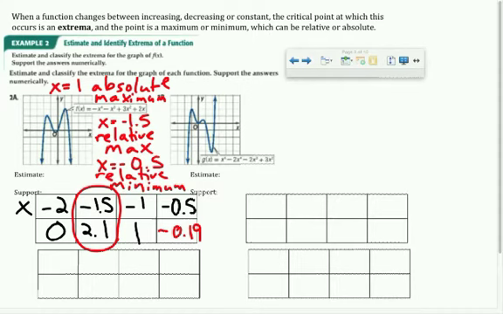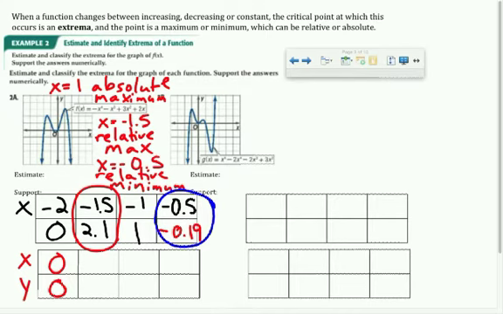Going a little bit to the right of that negative 0.5, I have 0. And when I plug in 0, I'll just have 0. So once again, looking at this, compared to the negative 1 values and the 0 value, that is a relative minimum.